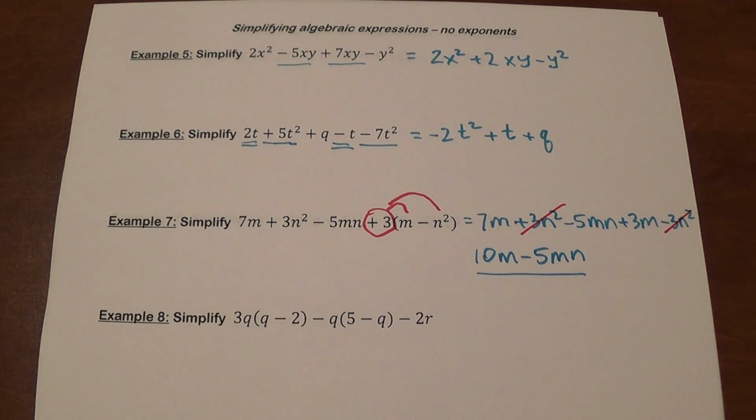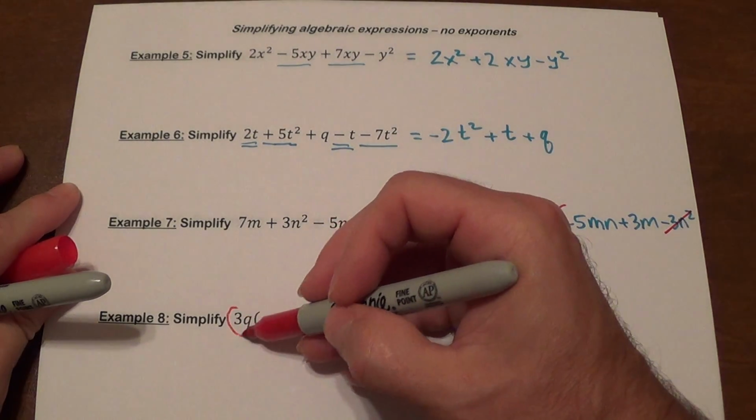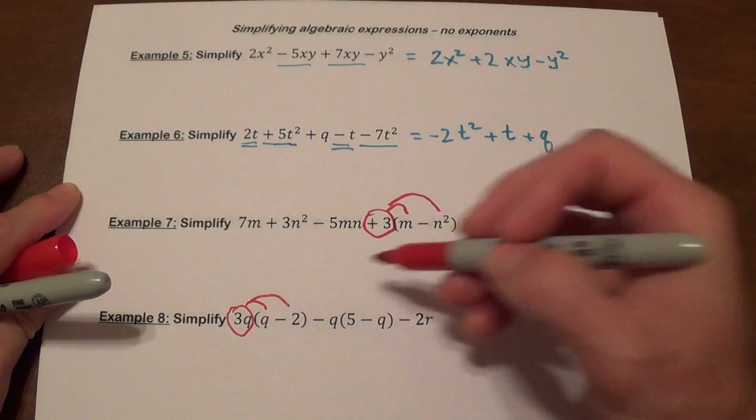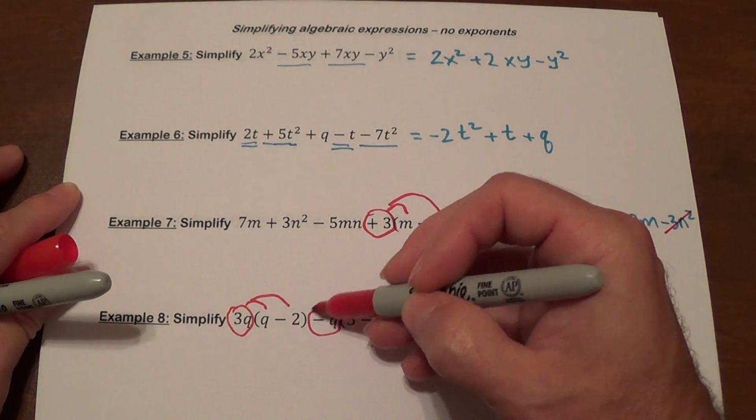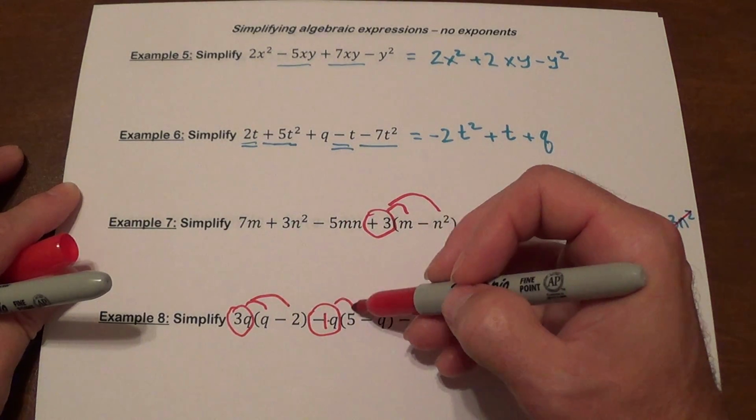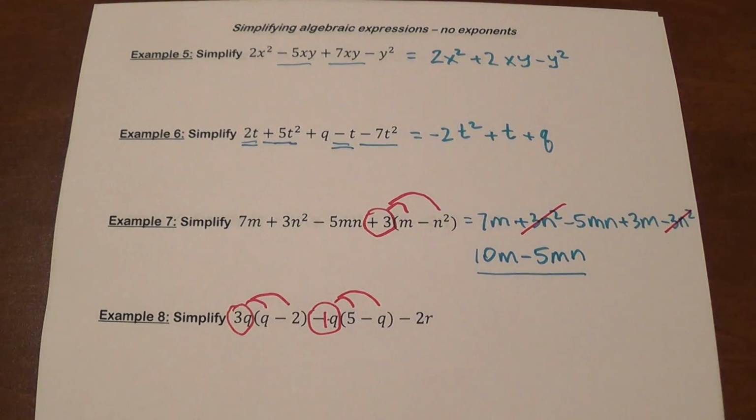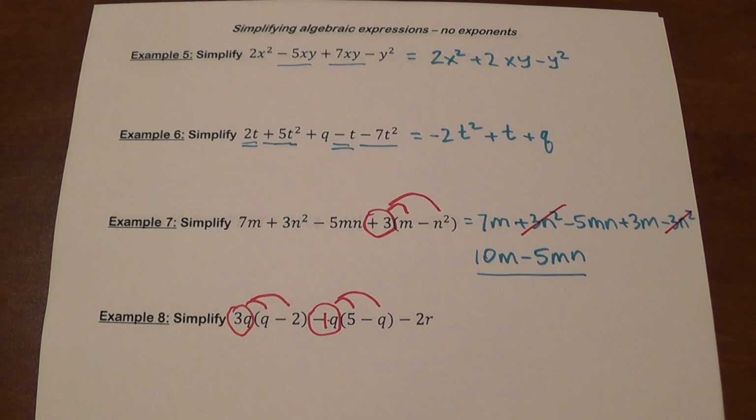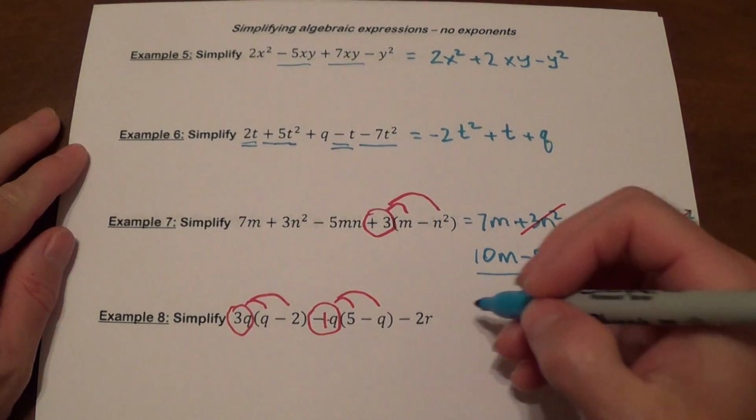Now we have more parentheses here. So we got 3q here that we need to distribute. And we also have negative q, which means negative 1q, which we need to distribute. That's our first step always in problems like this. So what are we going to get?